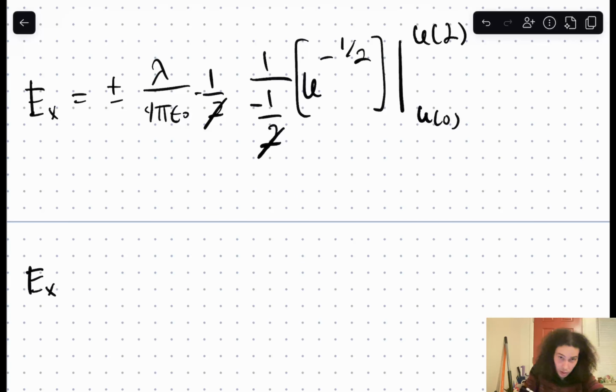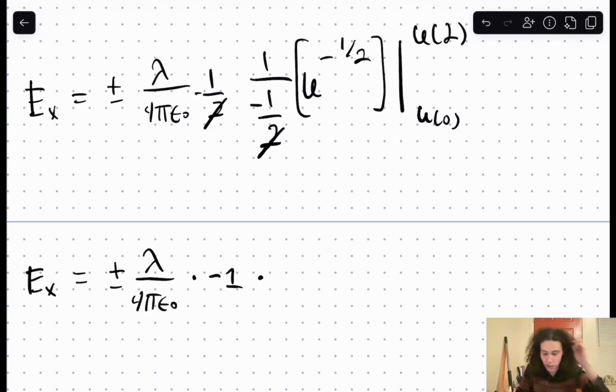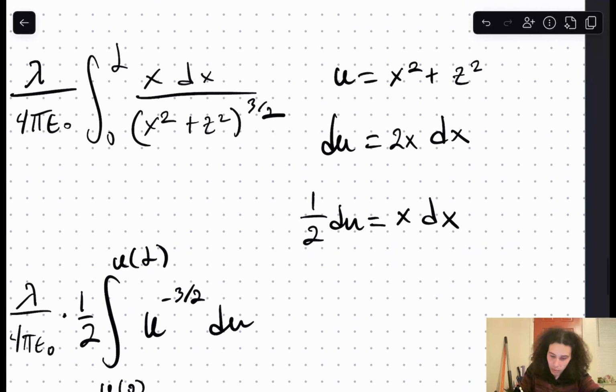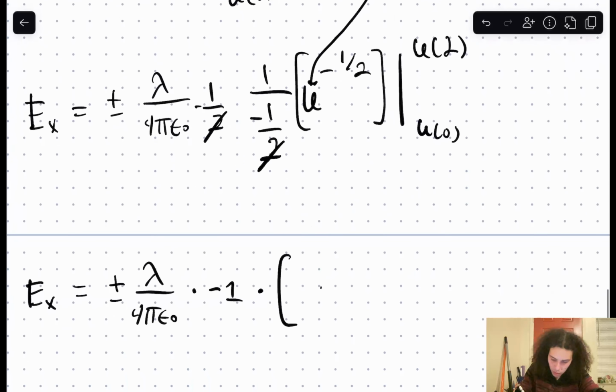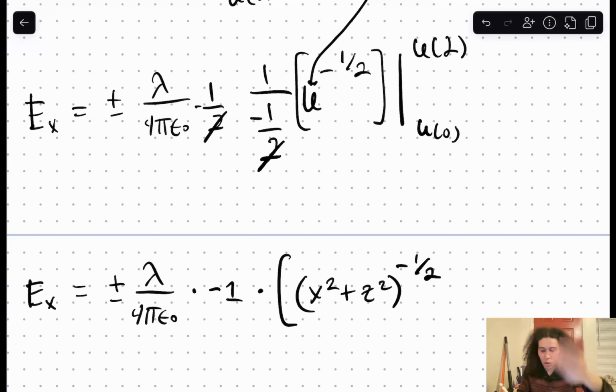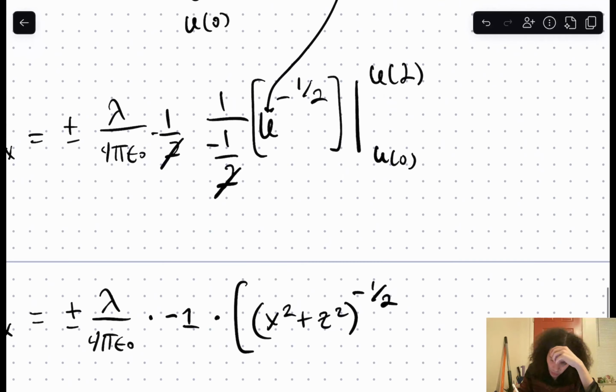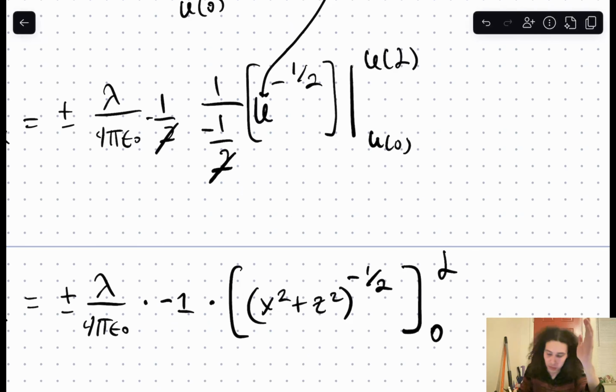So now your EX becomes plus or minus lambda over 4 pi epsilon naught. And there is a negative here, so let me put here times negative 1. Just hold it there for now. And now we back sub u back in here. Now we end up with x squared plus z squared to the power of negative 1 over 2. And now we can get rid of these u functions, the function of u and function of u with L. Now we can go back to the original bounds here.